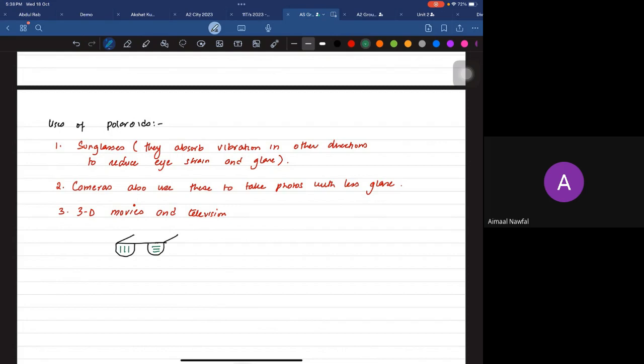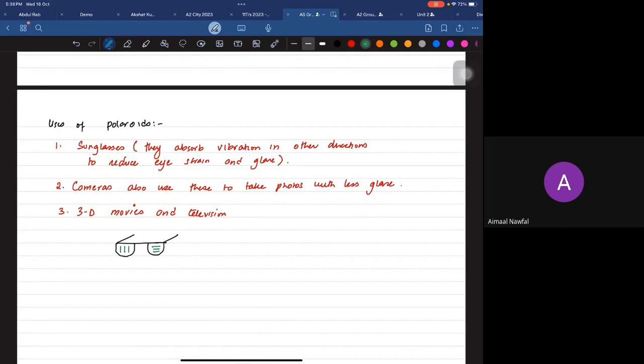In fact, in a 3D movie, two projectors are used. There's not one projector; there are two different footages running. One in the horizontal direction and one in the vertical direction.